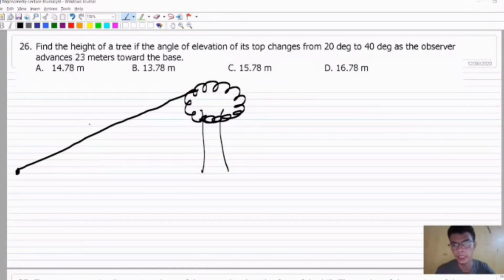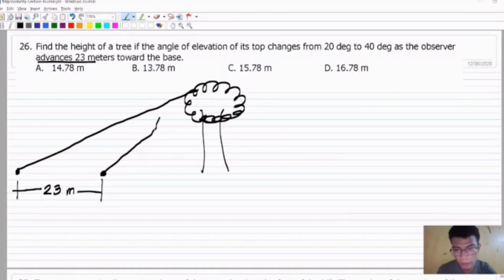And then ang nangyari daw, the observer advances 23 meters toward the base. So originally nandito siya, lalapit daw siya ng 23 meters palapit sa base. So, pero hindi siya lalapit hindi siya didikit mismo sa base. So lumapit lang siya. And magkakaroon diba ng bagong angle of elevation ang tuktok ng puno.